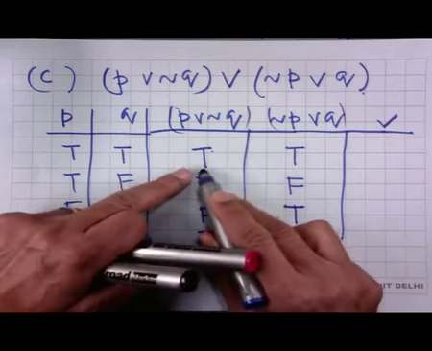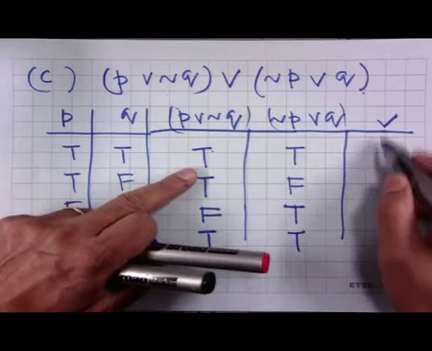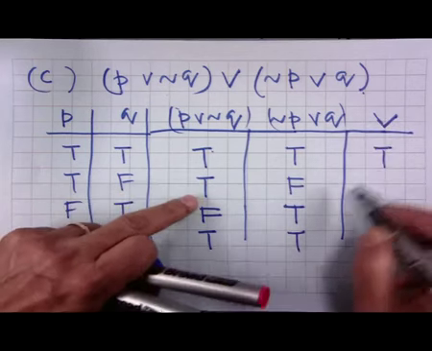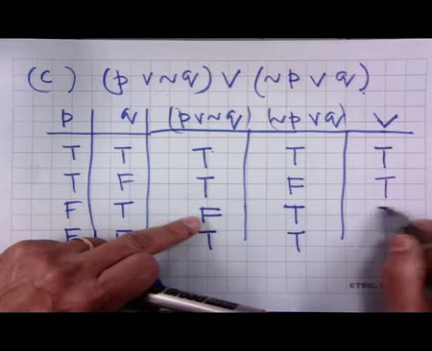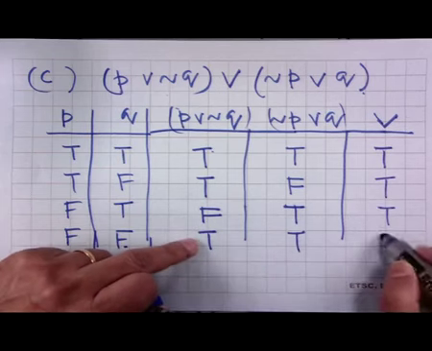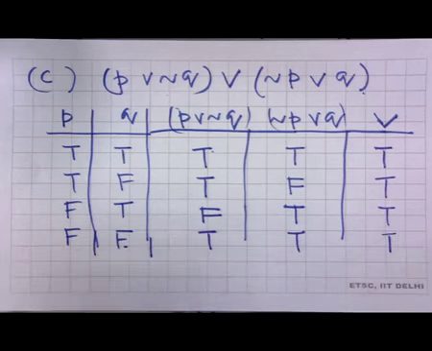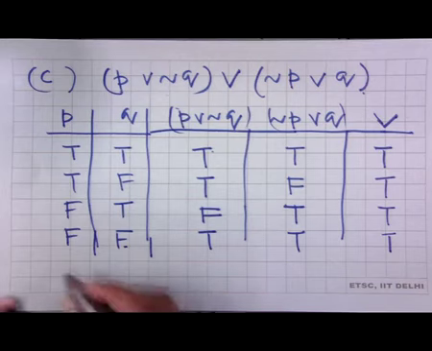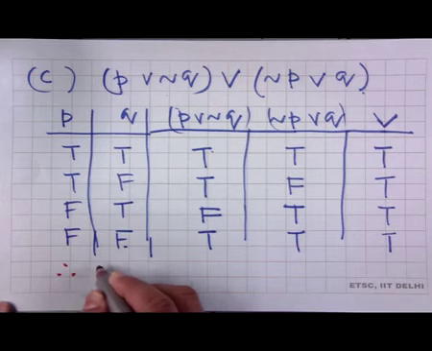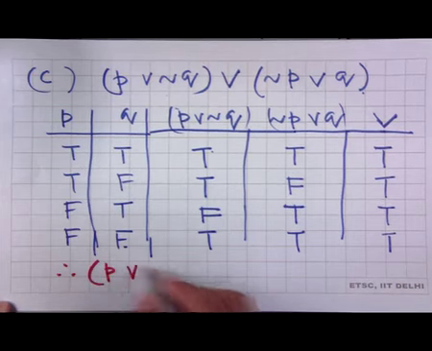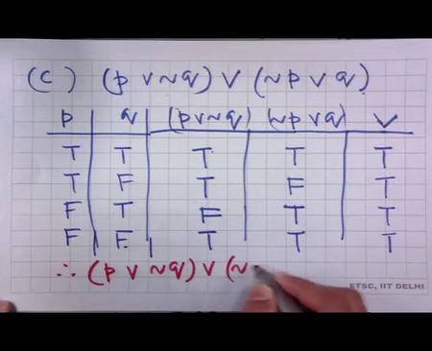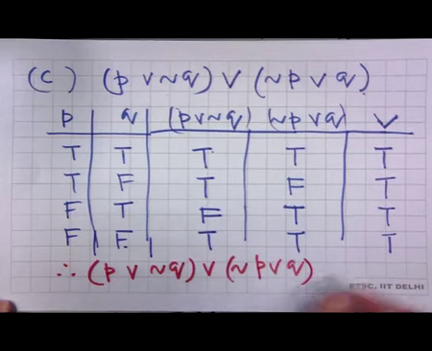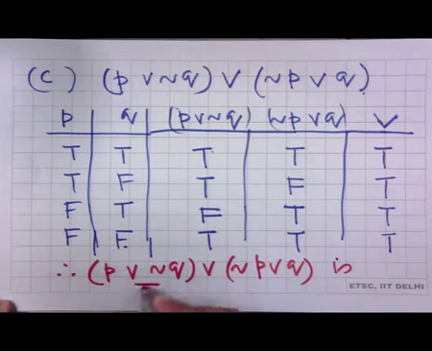So, it is true and true and the OR is true, true or false and the OR is true, false or true it is true, true or true it is true. Okay. So, here also I find this is a tautology. Therefore, P or not Q or not P or Q is a tautology.